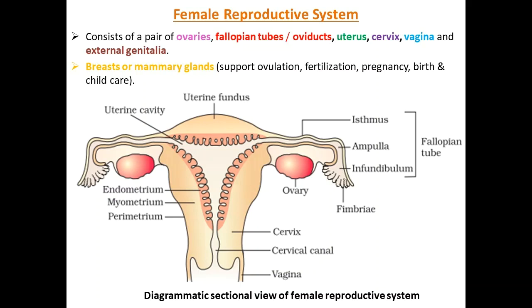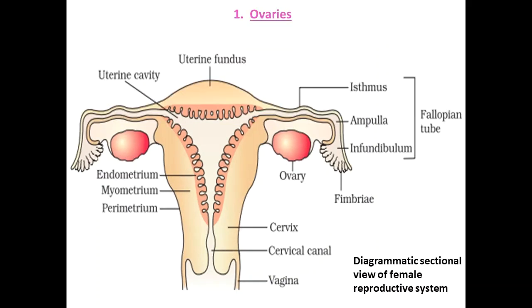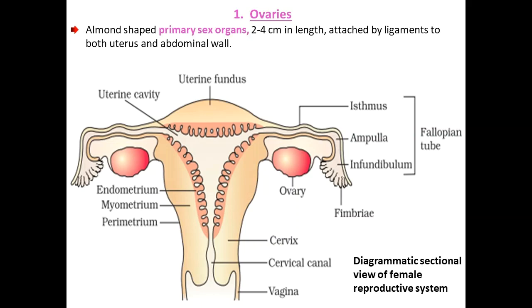Starting with number 1, the main primary sex organ of the female reproductive system is the ovaries. The ovaries are present in the lower abdomen region, approximately 2 to 4 centimeters in length, and are connected to the uterus as well as to the pelvic region or abdominal wall with the help of ligaments.